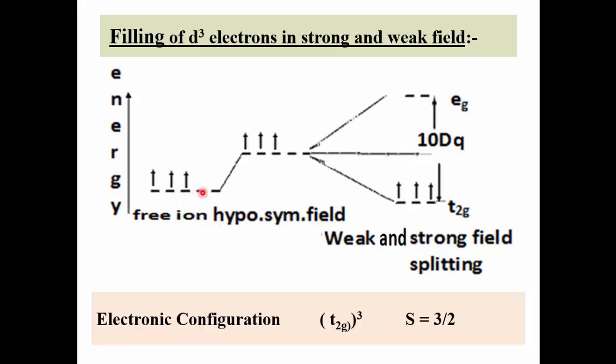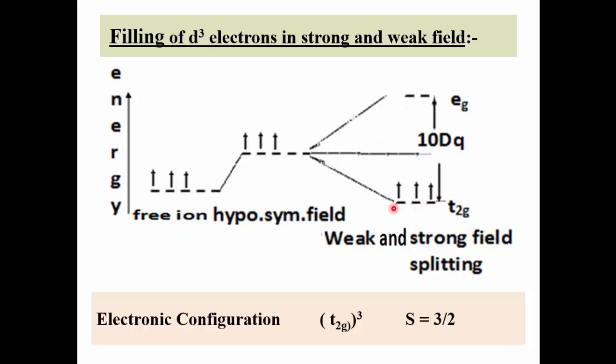In the free metal ion d orbital, there are 3 electrons, and they stay in the same position in a hypothetical symmetrical field. The d orbital contains 3 electrons. Now the d orbital splits in an octahedral field into eg and t2g. So now the third electron occupies the third t2g orbital. According to rule number 1, the electrons enter the lower energy orbital.